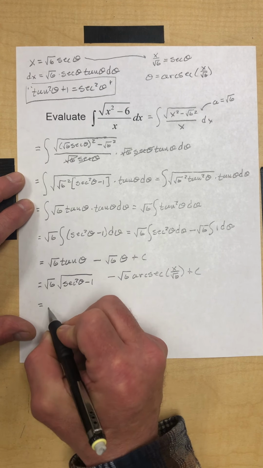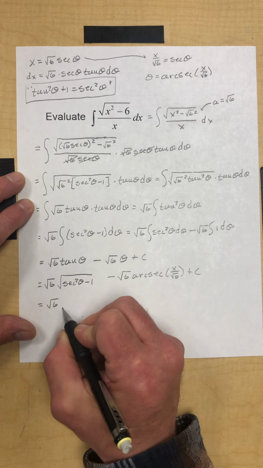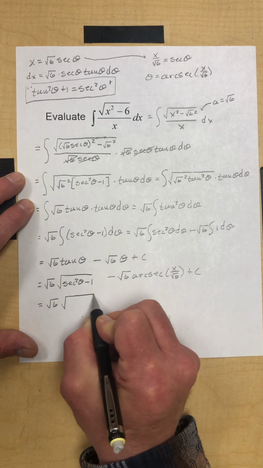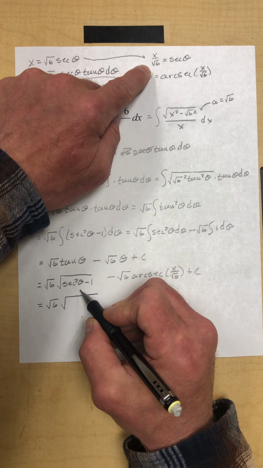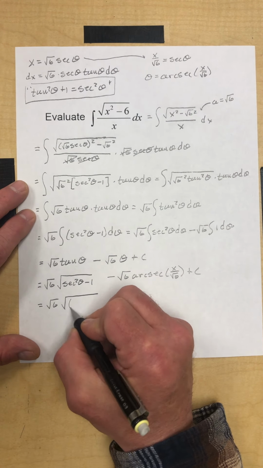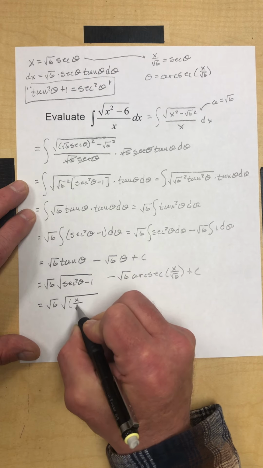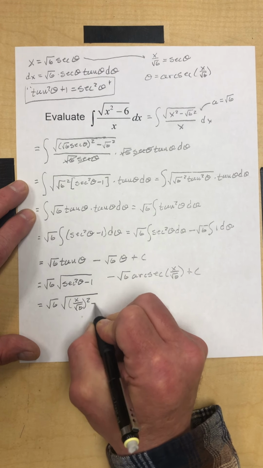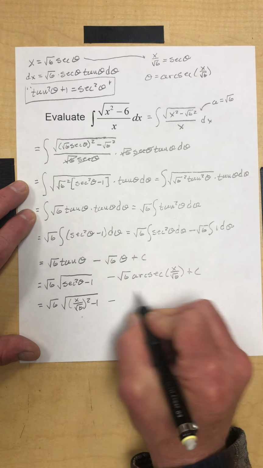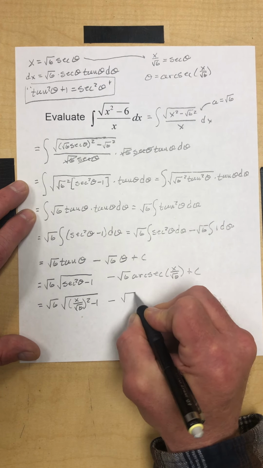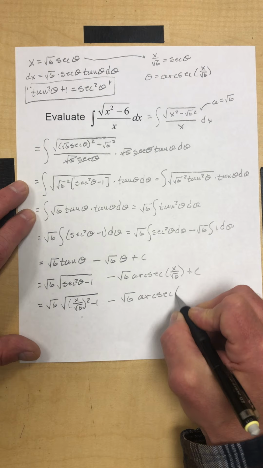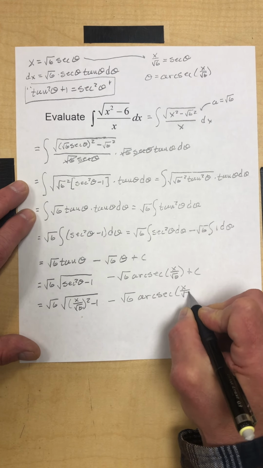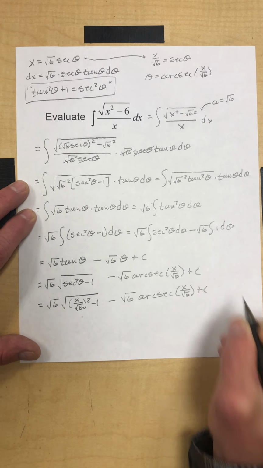I got radical 6 times the square root of, well, secant is right here, x over radical 6. So this would be x over radical 6 squared minus 1. Again, I'm just going to bring this guy down because this is all done: arc secant of x over radical 6 plus c.